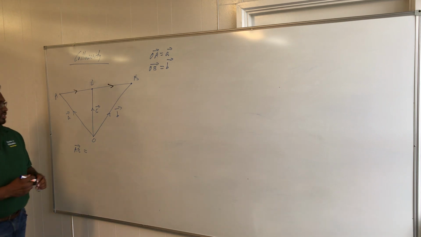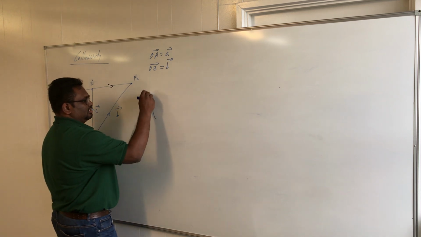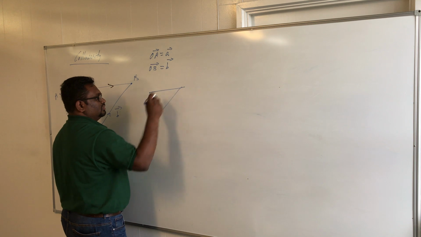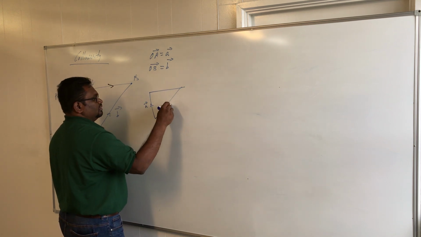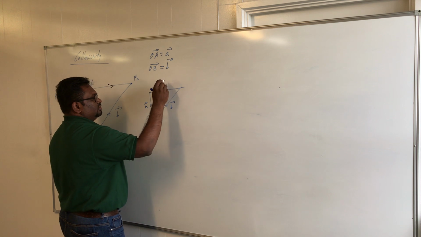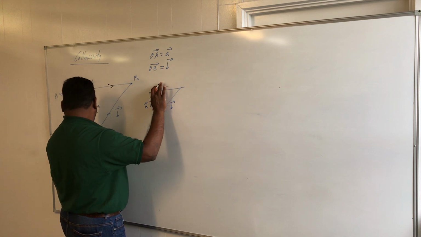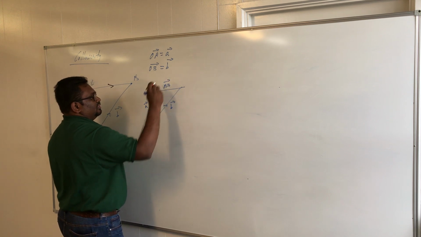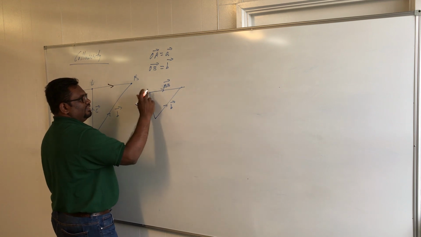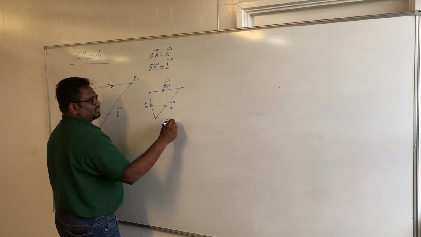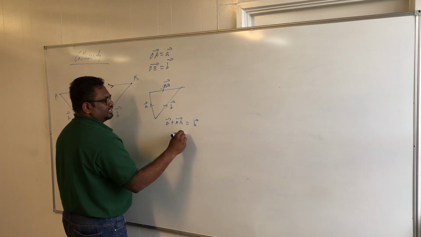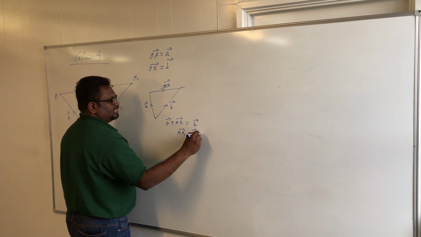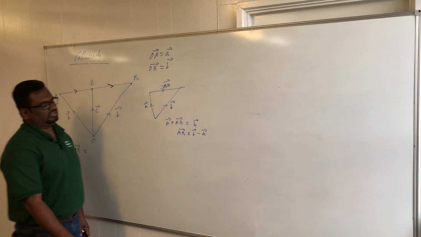So if you have these little guys, this is AB. Can you see this vector addition? A vector plus AB is equal to B vector, and AB vector is equal to B minus A vector.